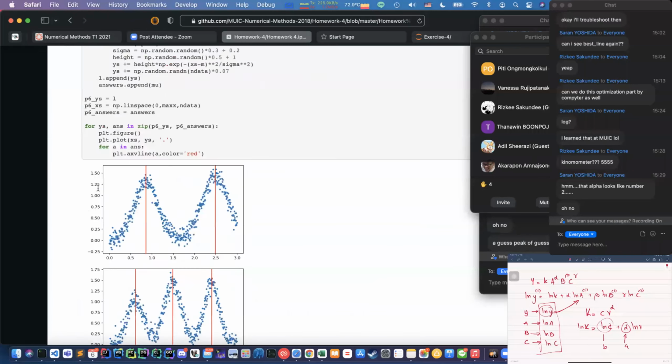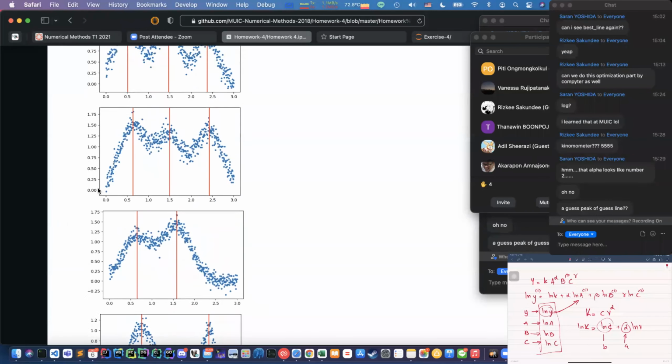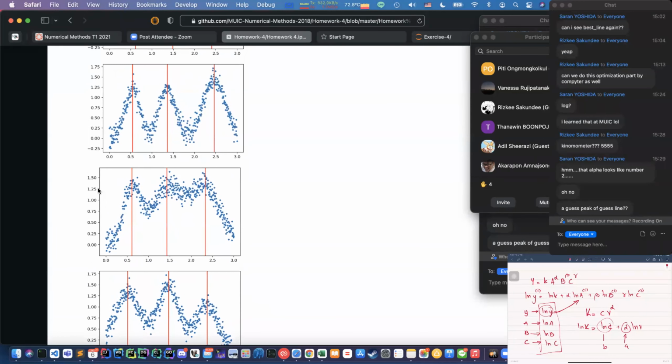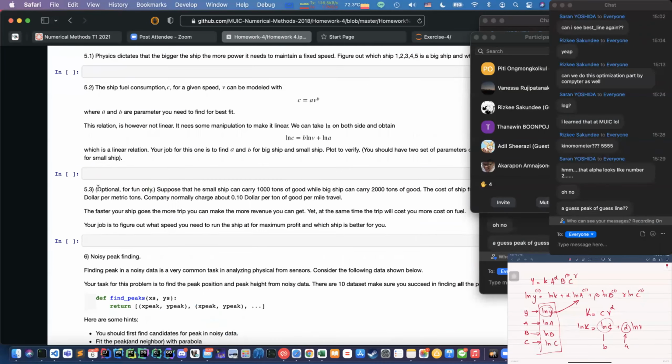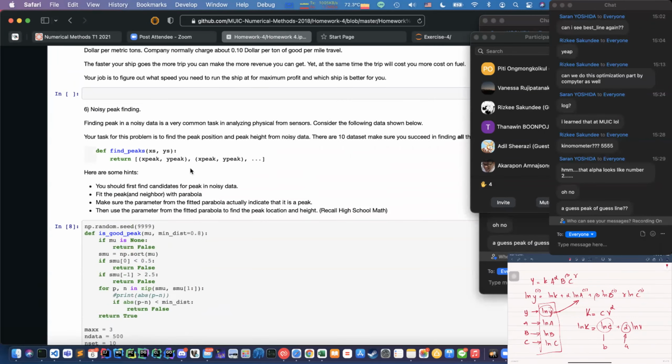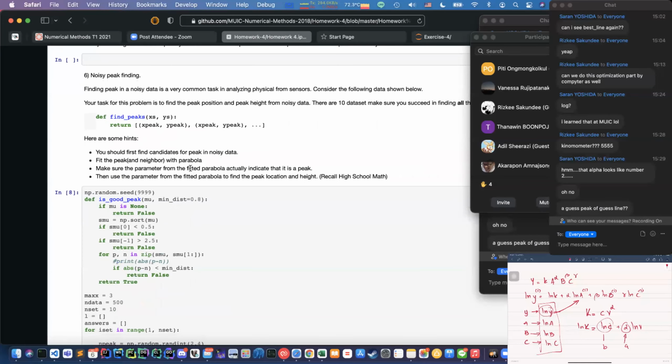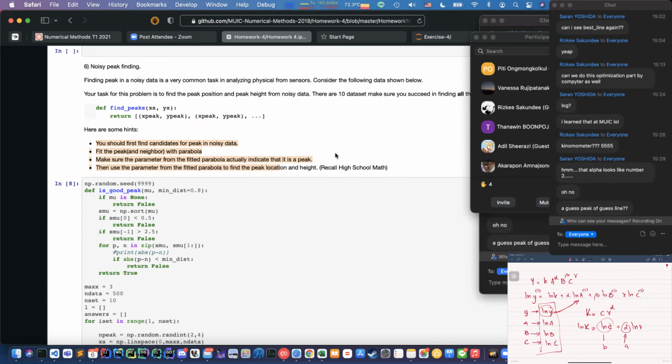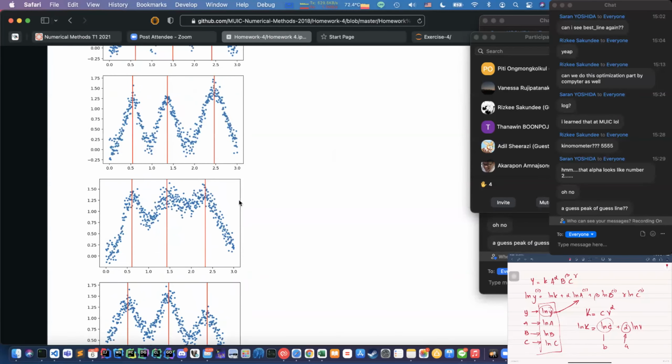The rest are actually pretty simple. A guess of the peak is actually a guess of parabola. I give you some hint about fitting the parabola around the peak and figuring out where the peak lies. This is very common when you analyze any data. You want to locate the peak without the noise, because your data is going to be so noisy.